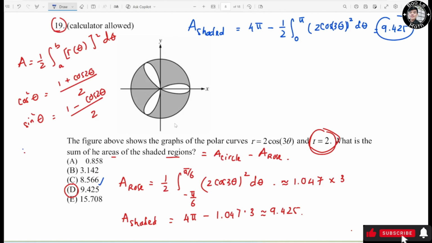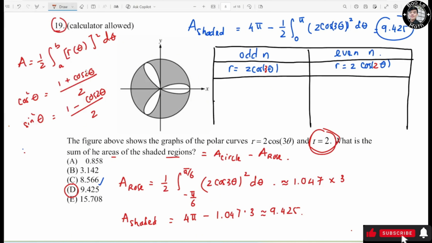By the way, I'm going to compare rose curves with odd n and even n. Now for this one, we have 3 petals. This one we have 4 petals. This one fully traces from 0 to pi.